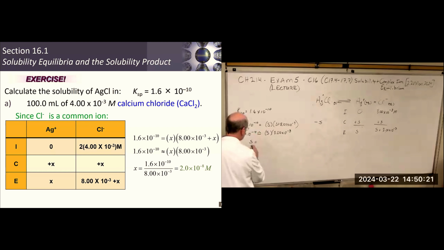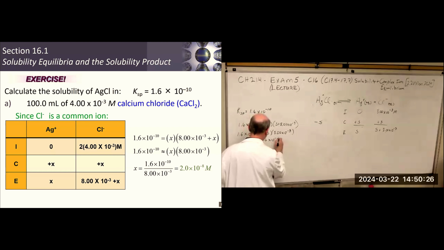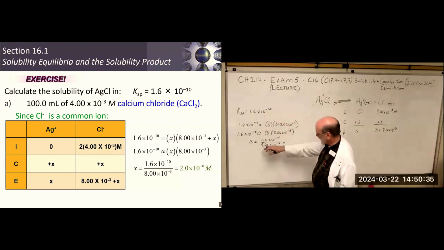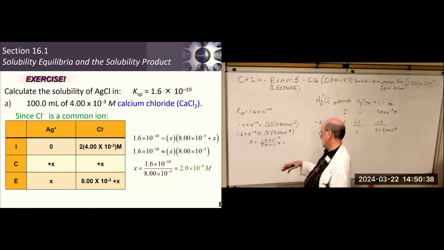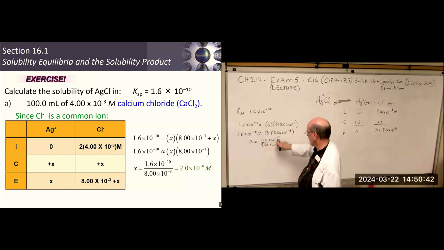That means S equals 1.6 times 10 to the minus 10 over 8 times 10 to the minus 3, right? And 8 into 1.6, let's see. Let's make this 16, so that's minus 9, right? No, that's 11. I made this one bigger, so that one has to get smaller.